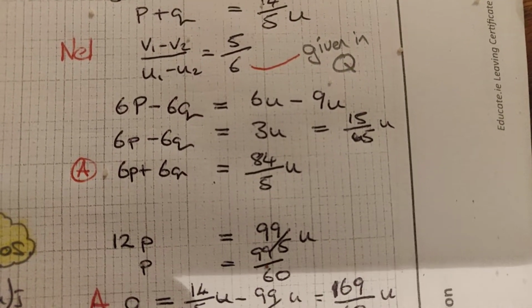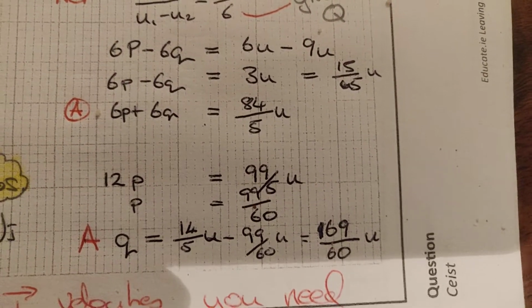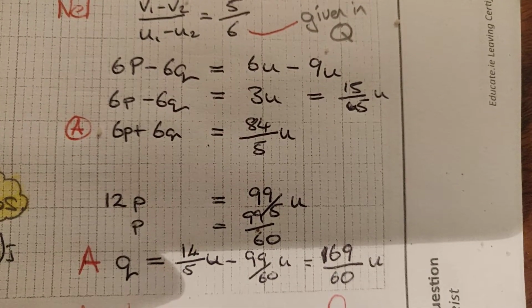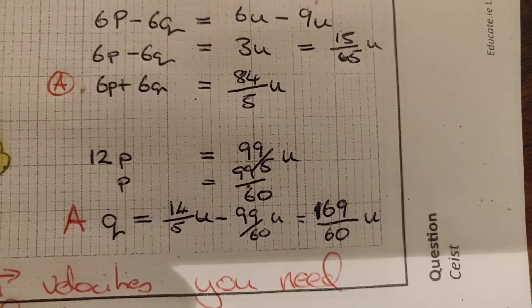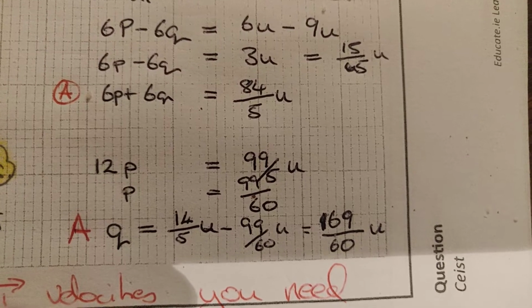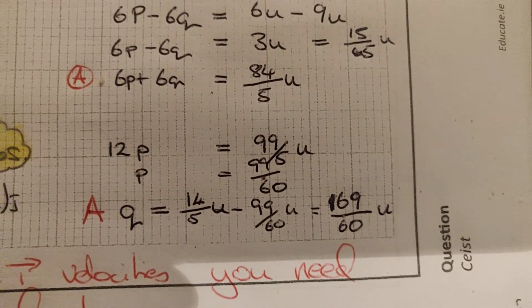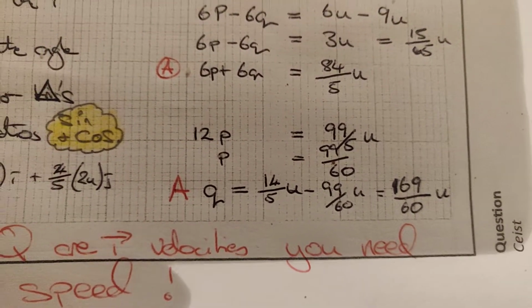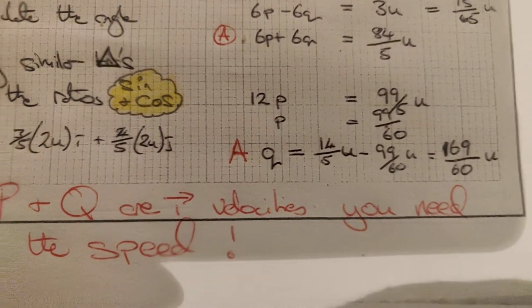Then a bit of simultaneous equations is probably where I went wrong. I found 12p was 99 over 5, so p was equal to 99 over 60u, and q was equal to 69 over 60u. They look kind of right in my head, but they're not right according to the book.